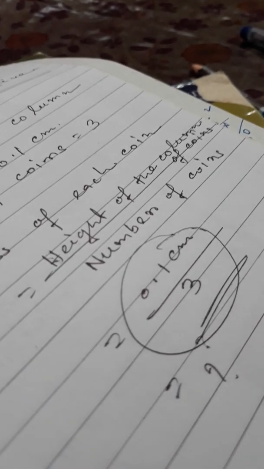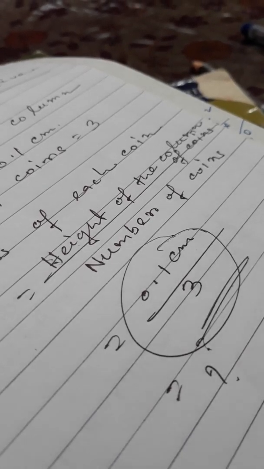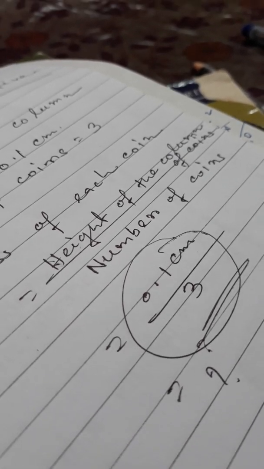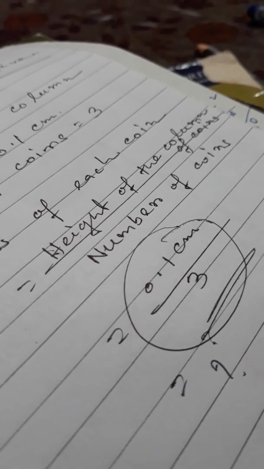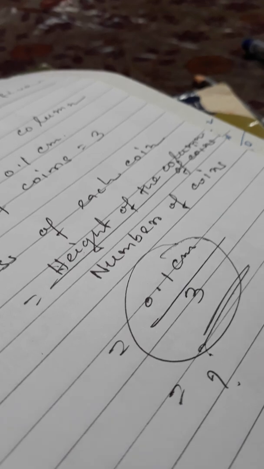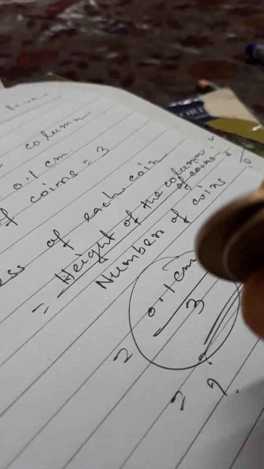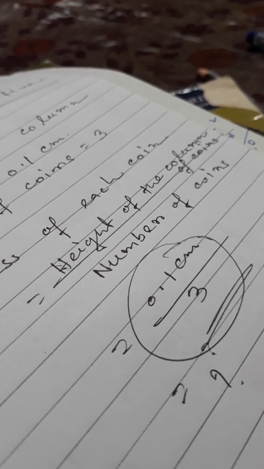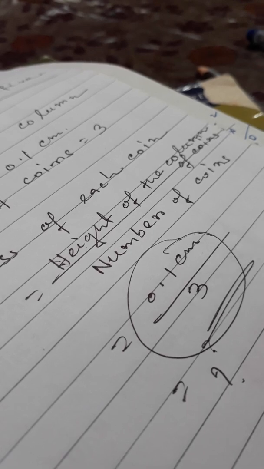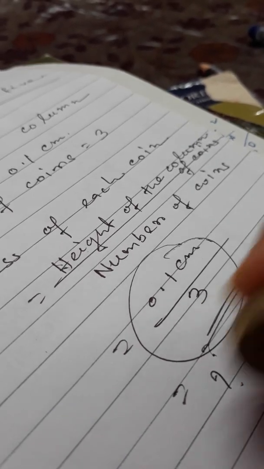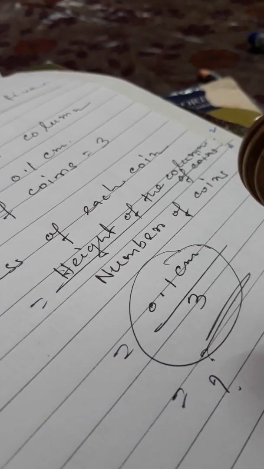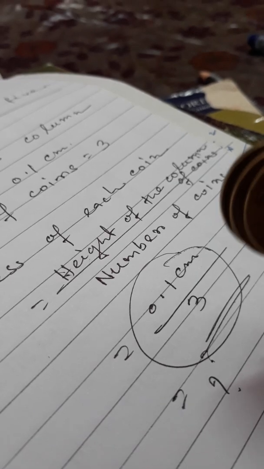If you take 10 one rupee coins, 10 five rupee coins, or 10 ten rupee coins, you can better understand the difference in thickness between 1 rupee, 5 rupee and 10 rupee coins. But you have to take coins of the same thickness, otherwise error will come. If you try to take same thickness coins, then you can easily measure the thickness of each coin.